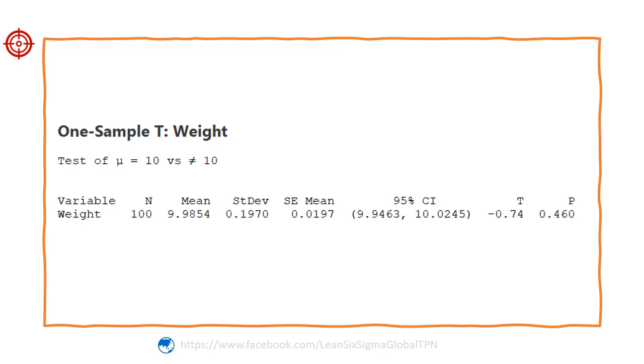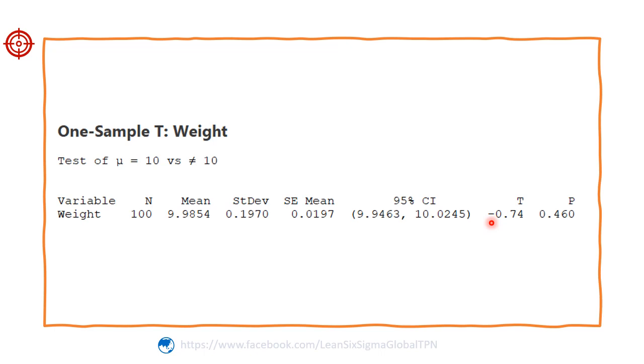Let's interpret the results. To decide whether to reject or fail to reject the null hypothesis, we focus on the test statistic and p-value. Here is the observed value of the t-test statistic, which is used to compute the p-value.